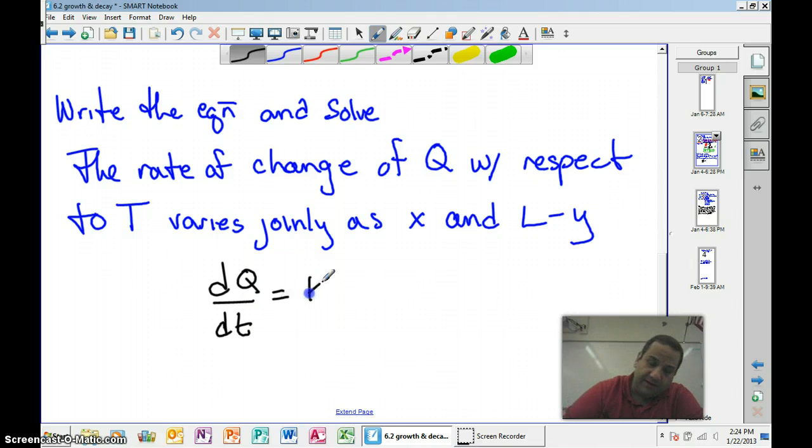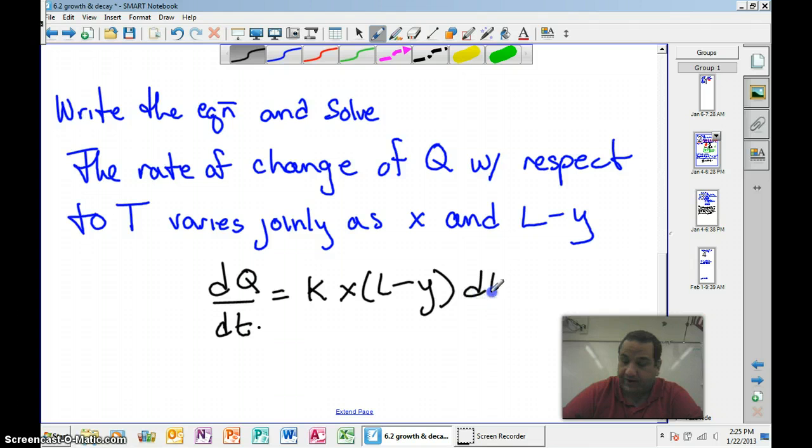Well, that just means k times, that's our constant of proportionality. I didn't say that before, but k is the constant of proportionality, and it's x times L minus y. So what I'll do here is, kind of weird, I'll take dt and put it over here, I guess.